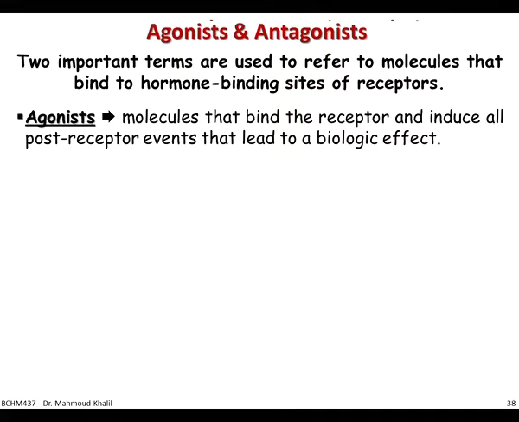We'll continue our lecture today about the agonist and the antagonist. These are two important terms used to refer to molecules that bind to hormone binding sites of receptors. So what is an agonist? An agonist is a molecule that binds the receptor and induces all the post-receptor events that lead to a biological process.